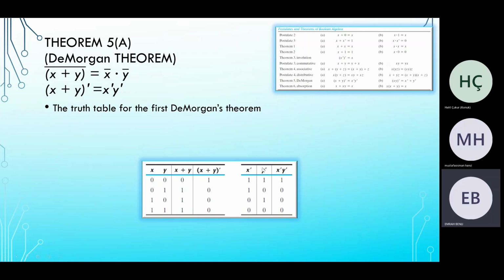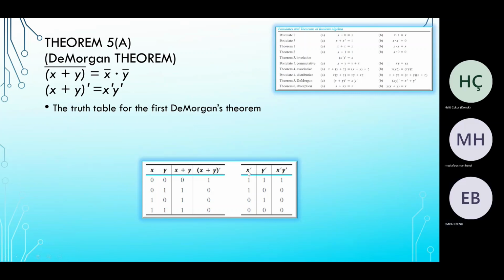Let's get the y complement. The complement of 0, 1, 0, 1 will be 1, 0, 1, 0. But we need to put them in the AND operation, not OR.